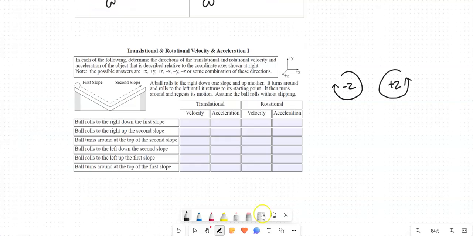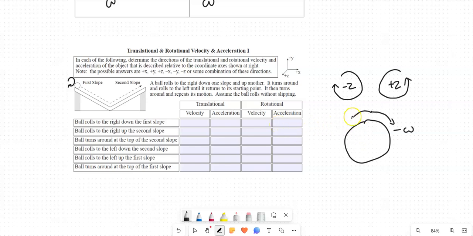But continuing on with this, let's just do the first two right here. If this ball is rotating, it's going to be turning clockwise. It's going to be rotating down this block. So this ball, when it's going down the first slope, is going to be rotating with a negative omega, or a negative z omega.